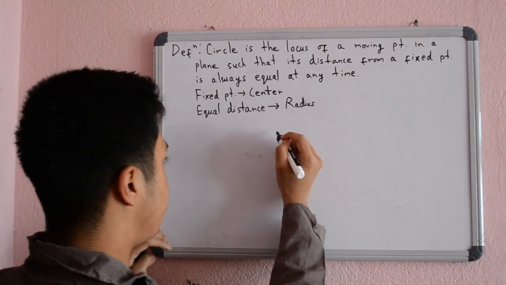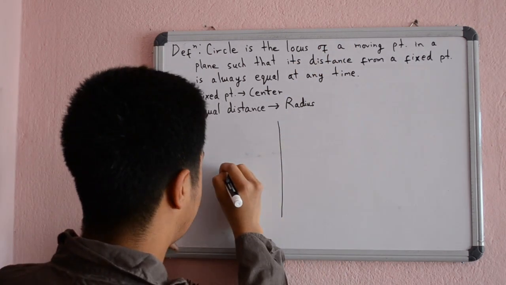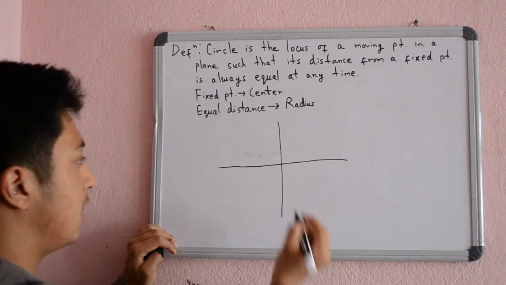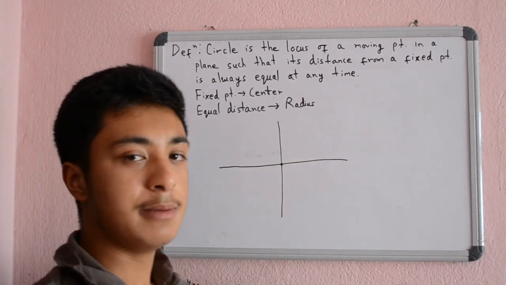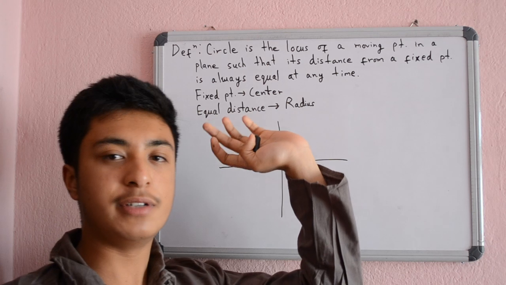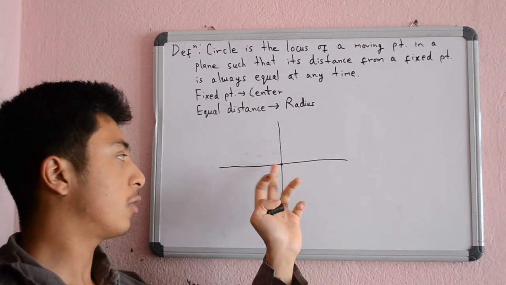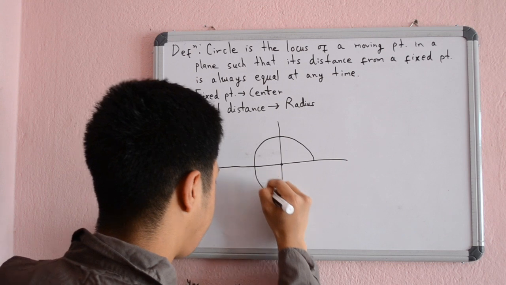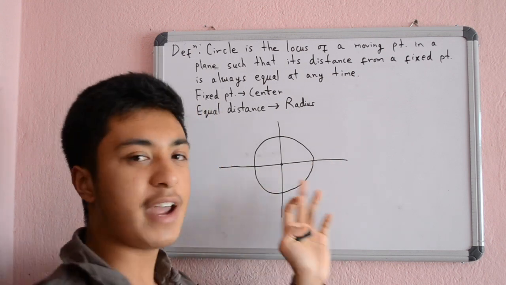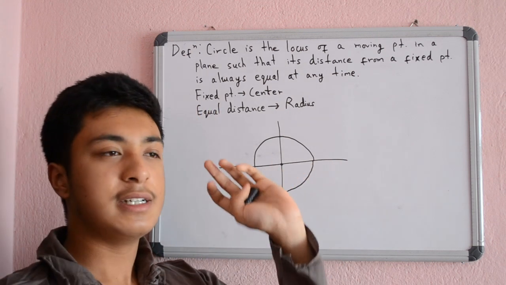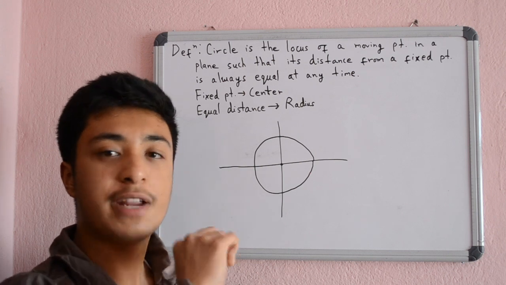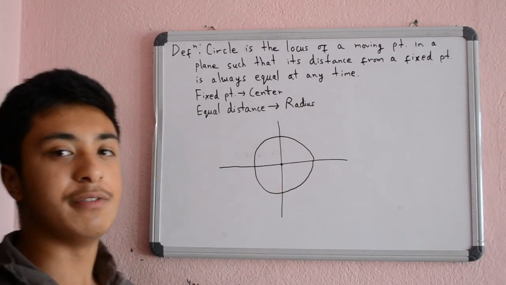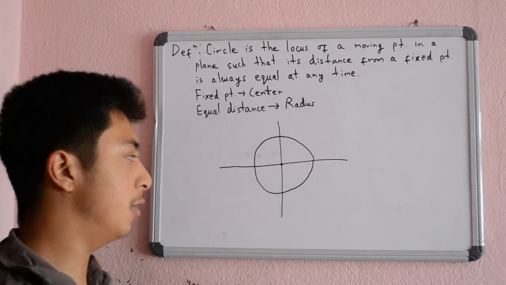Now let's make an xy coordinate system over here, and let's put the center at the origin, because the equation which I had written in the thumbnail was for the circle at the origin. But in fact, you can do it for a center at h comma k or whatever center. It's going to be very easy and very similar.